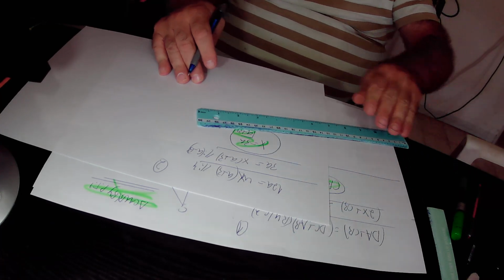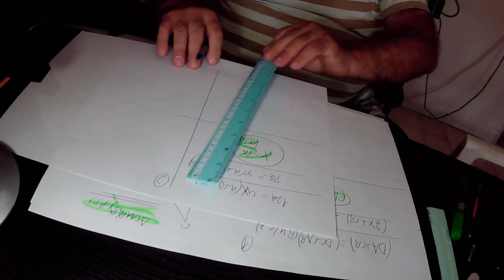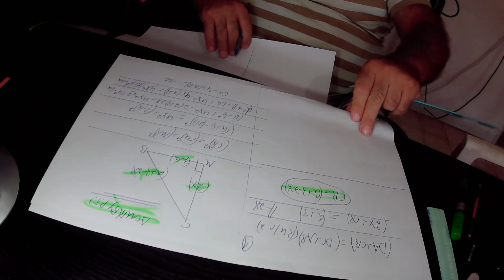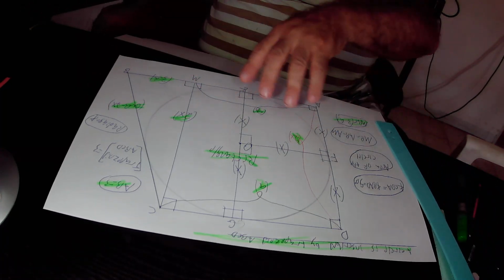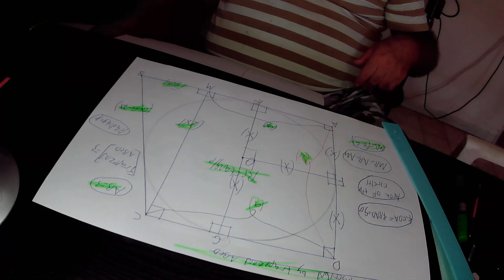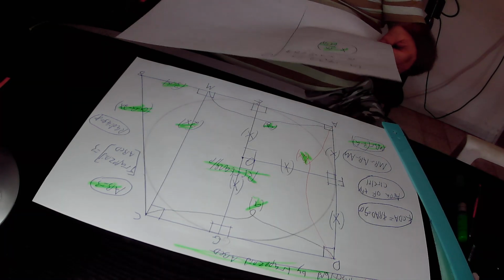In the next step, we'll calculate the area of this trapezoid ABCD according to the formula that I presented to you in the beginning of the lecture.